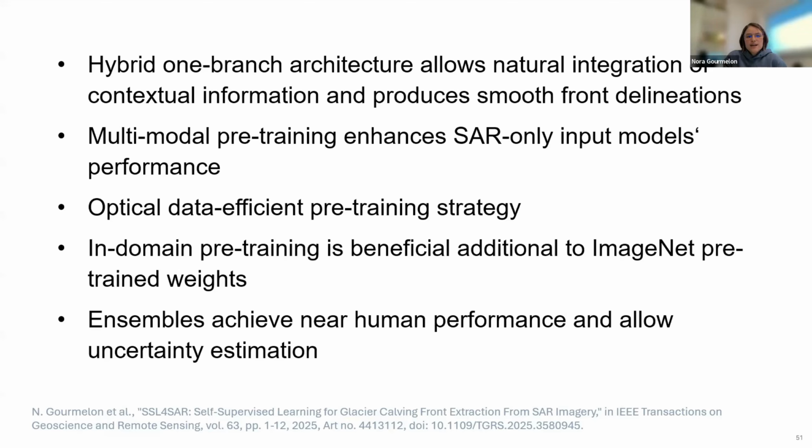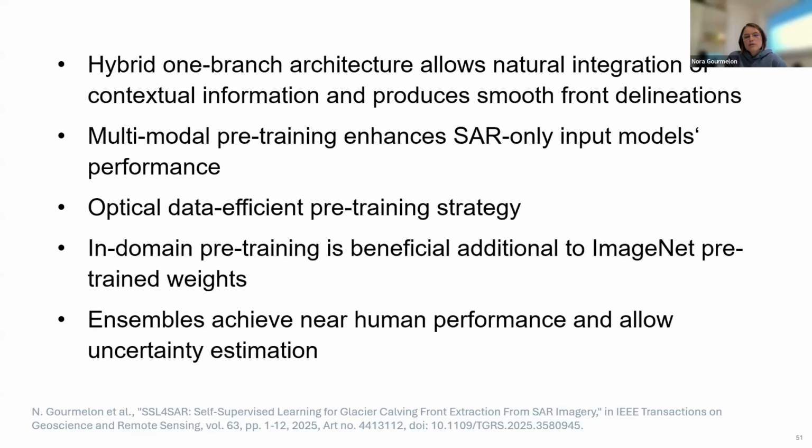And then we can tell that in-domain pre-training is beneficial in addition to ImageNet pre-trained weights. So it still enhances the performance if you have some in-domain data that you can pre-train on.